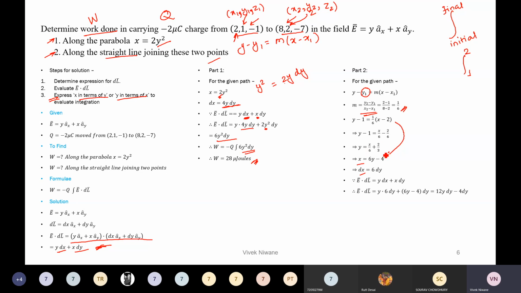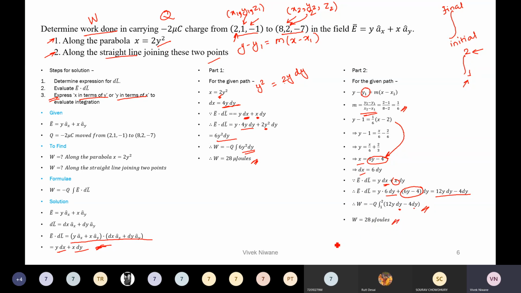So dx is nothing but 6 dy, whereas x is nothing but 6y minus 4, and simplifying we will have 12y dy minus 4 dy. Integrating on both sides, the complete term is in terms of y, and we know that y varies from 1 to 2. After solving this integration, we end up with a value W is equal to 28 microjoules.